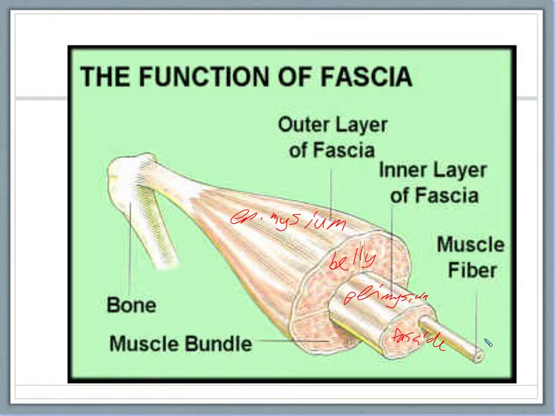And this is going to be the muscle fiber, which is there, surrounded by the endomysium. That is how all of that breaks down. You'll have a picture similar to this that you will need to be able to label. So the belly, the epimysium, the fascicle surrounded by the perimysium, and the muscle fibers surrounded by the endomysium.